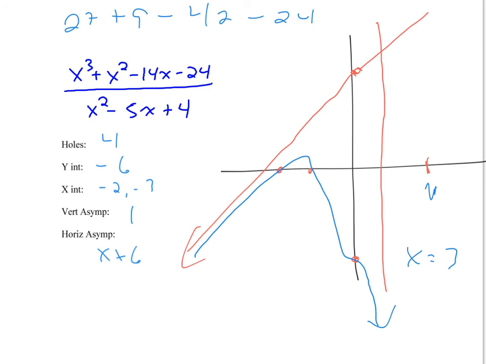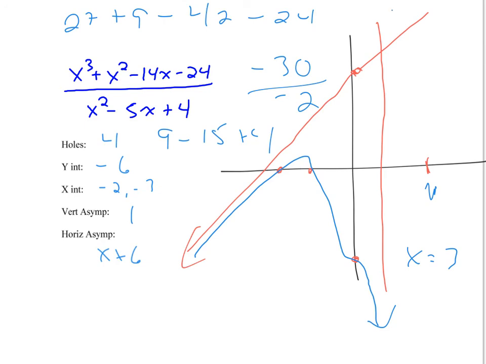So it looks like I have 27 plus 9 is 36, minus 42 is -6, minus 24 is -30. And on the bottom I'm going to throw 3 in, so I'm going to get 9 minus 15 plus 4, which is -6 plus 4, which is -2. So it looks like I have a value of positive 15 when x is 3.